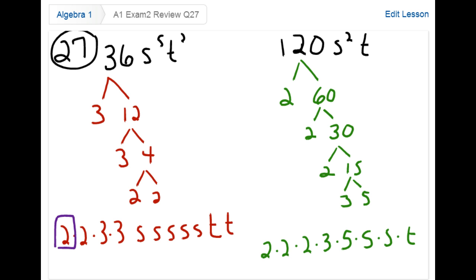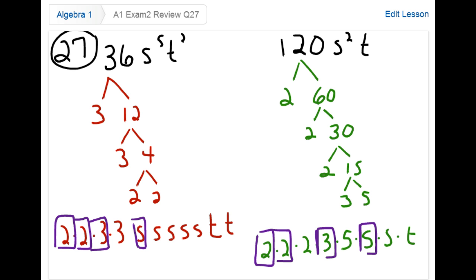Okay, so now we're looking for what they have in common. They each have a 2. They each have another 2. They each have a 3. Then they each have an s and another s. And they each have a t.